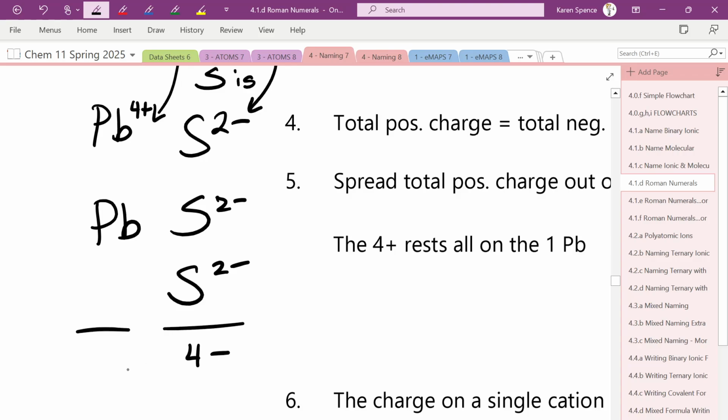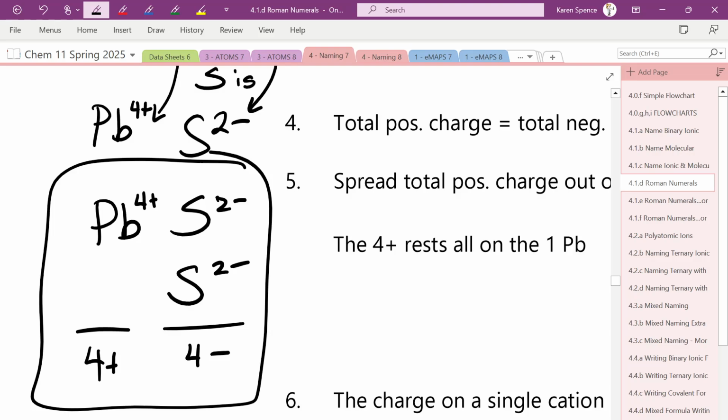That means I need to have 4 positive, which means my lead is 4+, and that just sort of seems more intuitive than uncrisscrossing and checking the charge and doubling and just, yeah. So I like this better. I do this in my head. If you can do it in your head, that's great. If you need to write things out, make sure you've got lots of paper, okay? Don't be shy about using lots of paper if it helps. You don't have to. You can do it however you like.